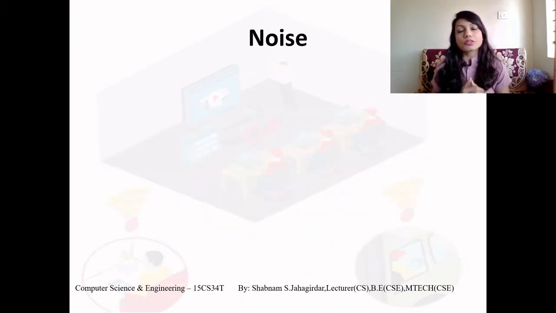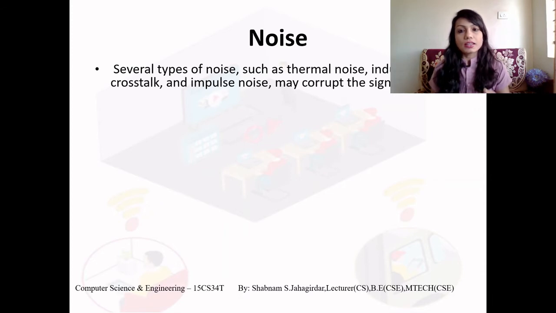And the third transmission impairment cause is noise. Noise is nothing but an unwanted signal. It appears when your actual signal is going outside, or if two wires are nearby. One signal will be going in this wire, and one more signal in another wire. Maybe some cracks or leakages will be there in the wires.